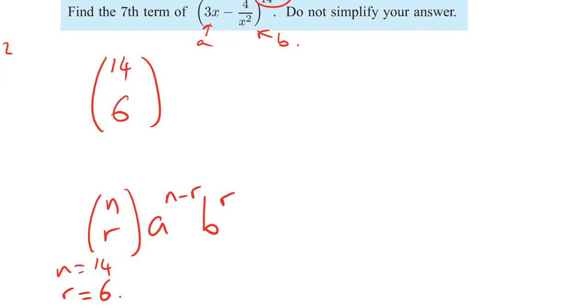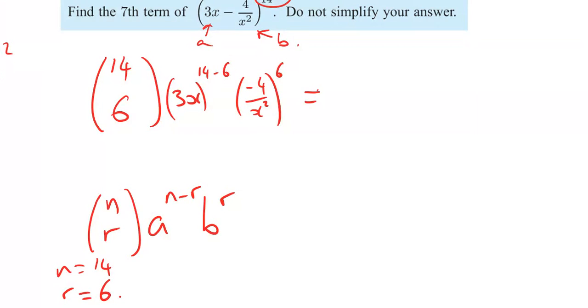So a is 3x. So we're going to have 3x to the power of, well, n is 14 and r is 6, so 3x to the power of 14 minus 6. And that is going to be multiplied by b, which is minus 4 over x squared, all to the power of r, which is 6. So there we go.